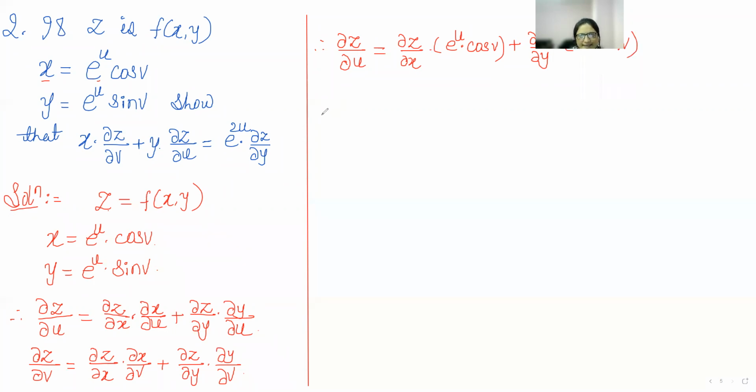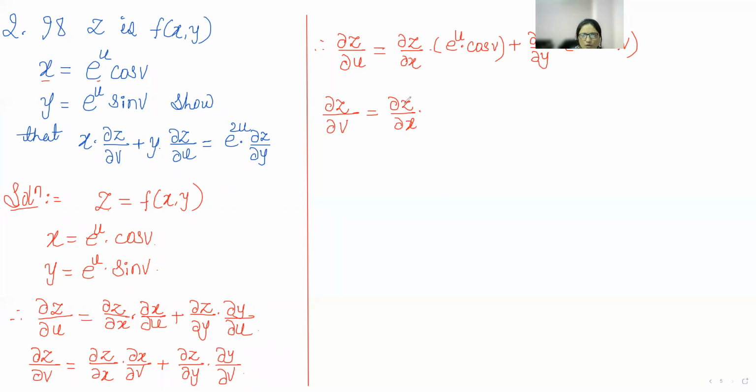Okay. Then taking the derivative of z with respect to v, which is equal to ∂z/∂x into the derivative of x with respect to v. All are getting my voice clearly? Yes, ma'am.